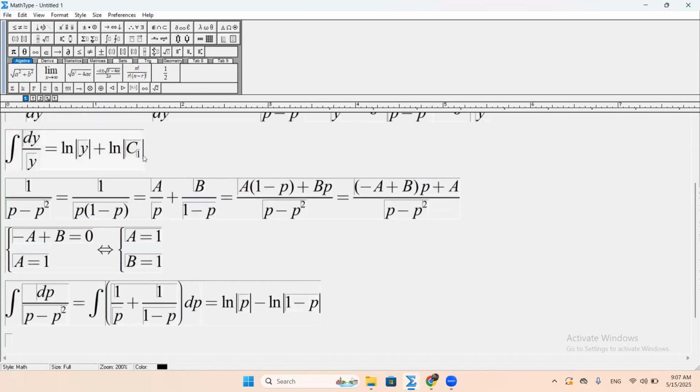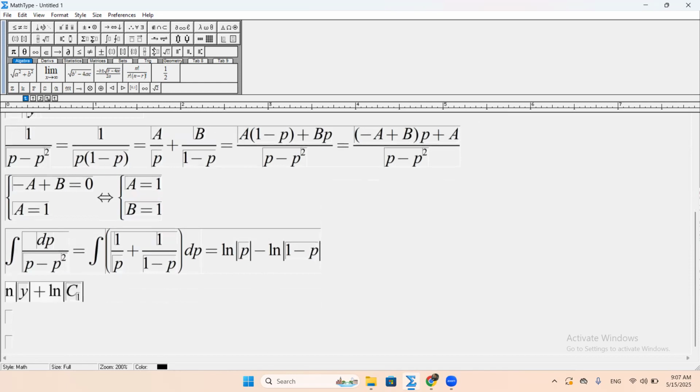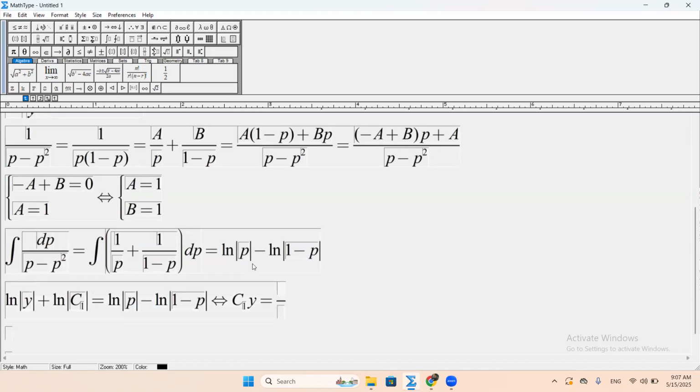So received the following equality. And after removing logarithms, we received that c1y equals p over 1 minus p.